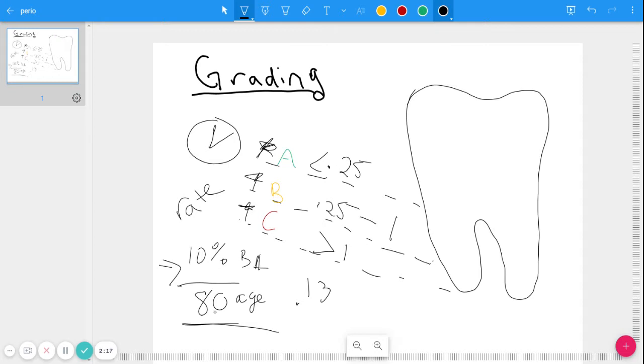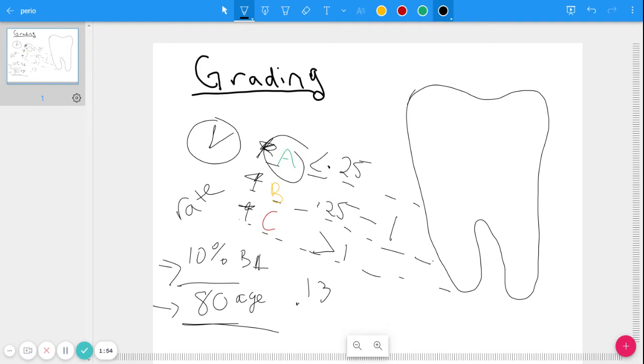That's because it's simple algebra. If you increase the denominator, it's going to make it a smaller number. So that's why it's a grade A. If the opposite happens and you increase the bone loss and decrease the age, obviously there's a higher rate of progression and the disease is more severe.